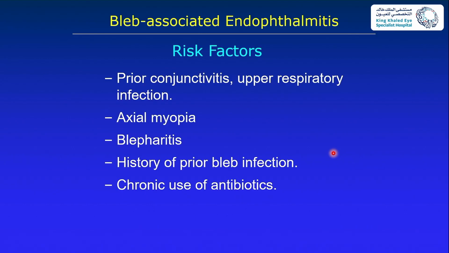Other risk factors: prior conjunctivitis, upper respiratory tract infection, blepharitis, history of bleb infection, chronic use of antibiotics. These are all risk factors that we need to look at. So if you have a patient with a leaking bleb, don't discharge the patient. You have to fix it.